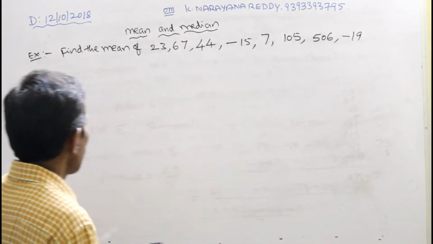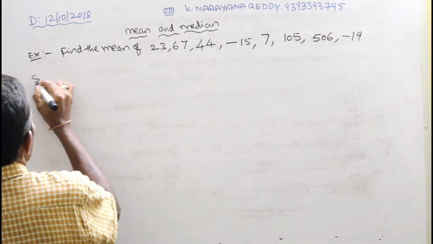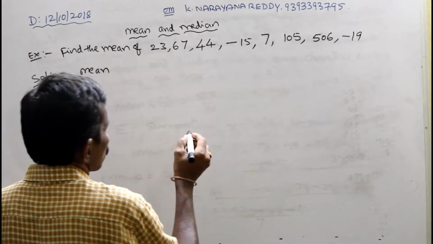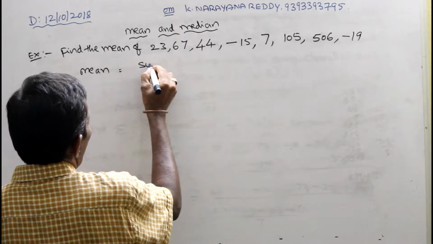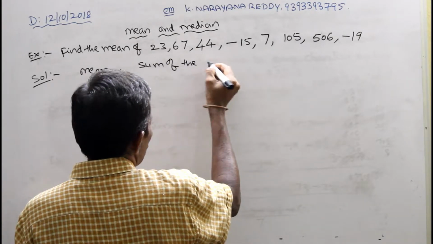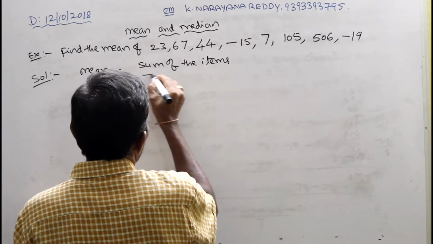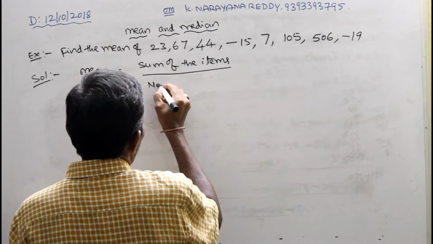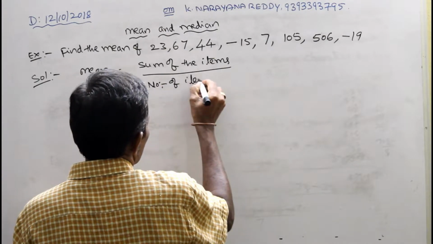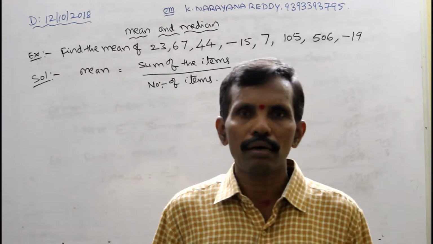Solution. Mean equals sum of the terms or items divided by number of items. Items may be characters, digits or numbers.